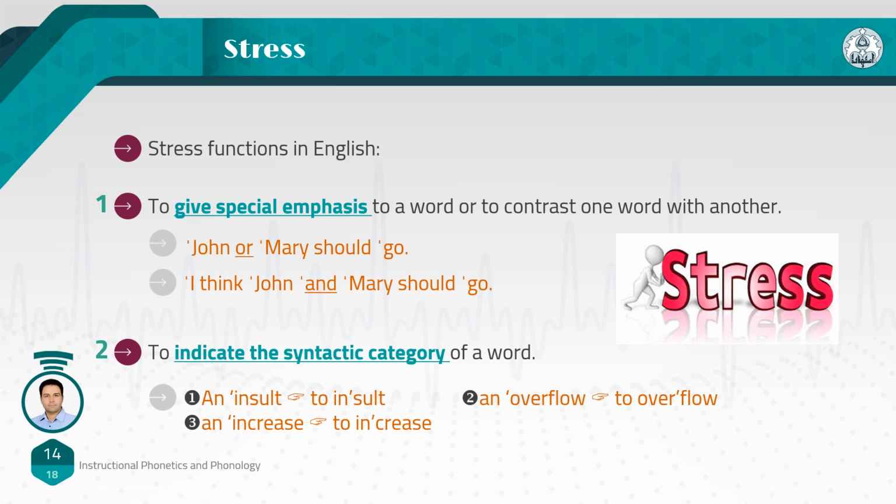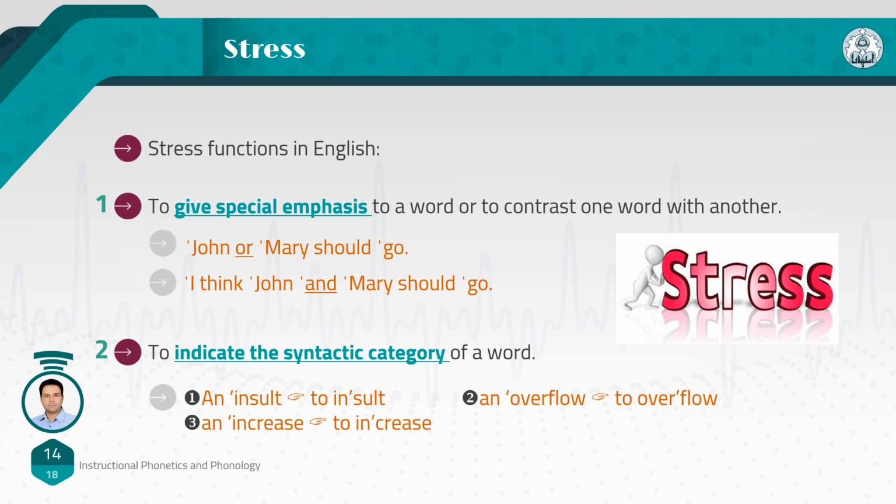These are all noun-verb oppositions. In these three pairs of words, the noun has the stress on the first syllable, and the verb has it on the last. The placement of the stress indicates the syntactic category of the word.